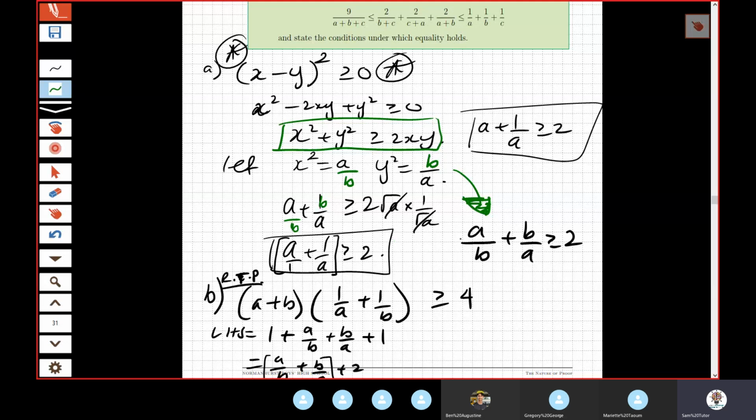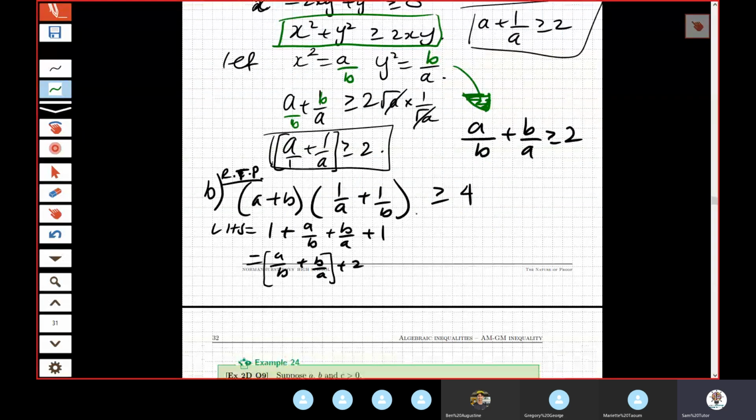It works the same way, because 1 is just a number, just like b is, as long as these numbers are the same. Then that's greater or equal to 2 plus 2, which is obviously the right-hand side. Therefore, left-hand side is bigger than or equal to right-hand side.